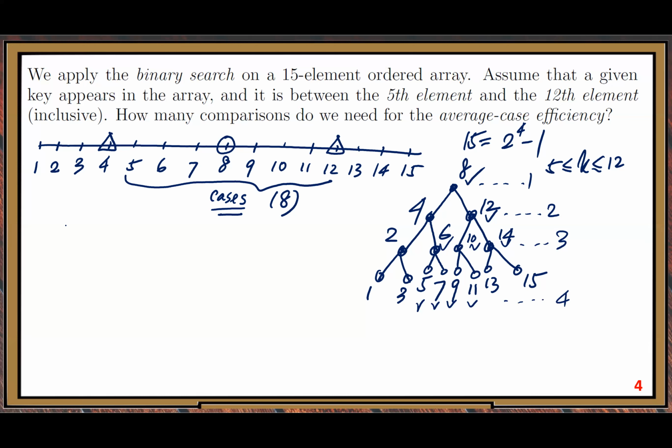So let's do the numerator. 1 comparison, we only have 1 node in the range. 2 comparisons, we also have 1 node, 12, in that range. 3 comparisons, how many nodes? 3 nodes in the range: 6, 10, 14. 4 comparisons, 4 in the range.